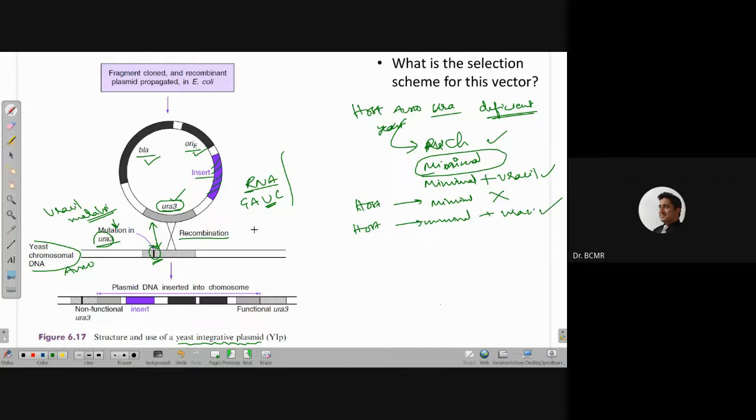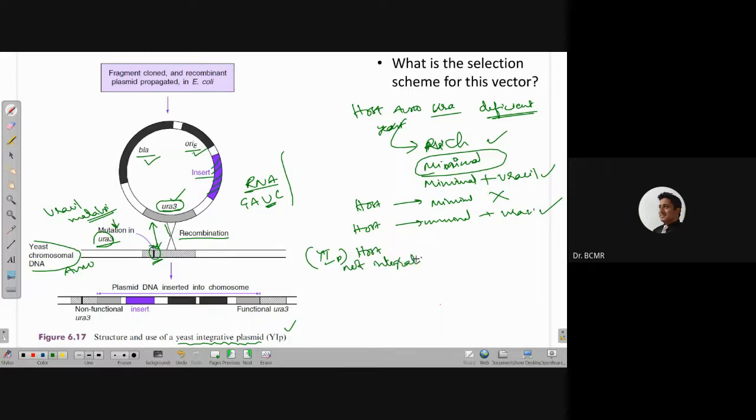Now, how we are going to employ this: when we introduce the vector into the host, we will call it YIP, but say it has not yet integrated.